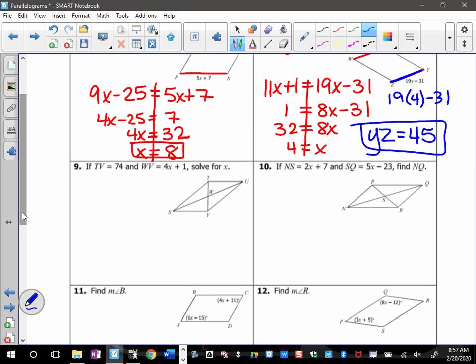On 9, they give me TV, which is the whole thing, but we said that's too hard to label. So we said that we would prefer to label that as 37 and 37. Okay, so TV is 74. That meant TW was equal to WV was equal to 37. Okay, but now it tells me WV is 4x plus 1.